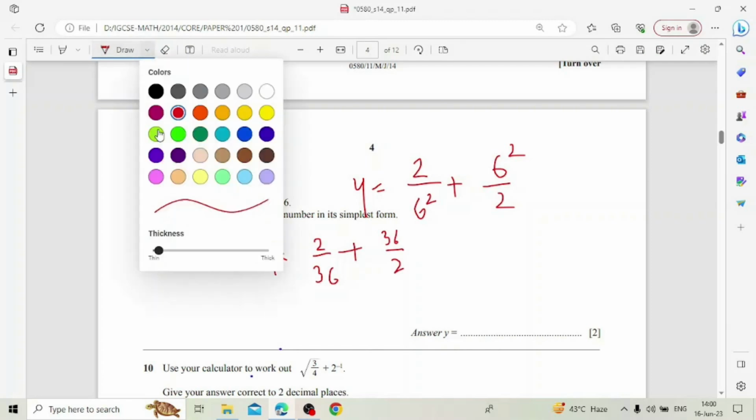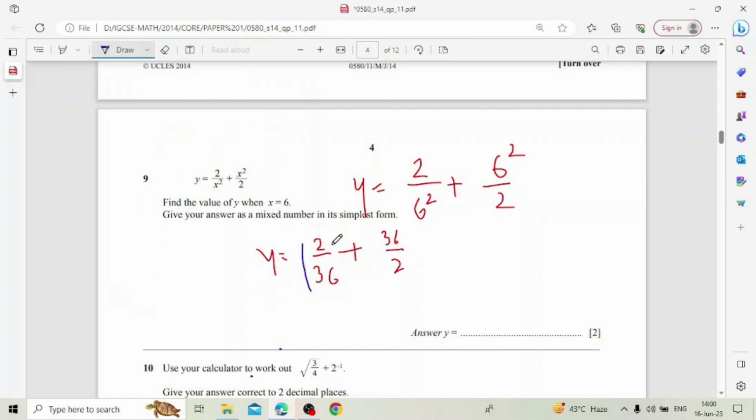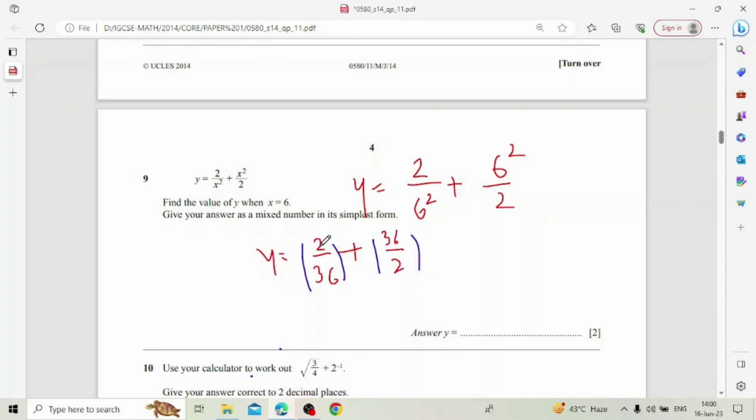How can I simplify this further? I can put them inside brackets. Now, if I can divide any number, both numbers 36 can be divided by 2, since 2 is the smaller number, so with that I can divide the bigger number. So 36 divided by 2 is 18. You can do it even in your calculator. And here as well 18.